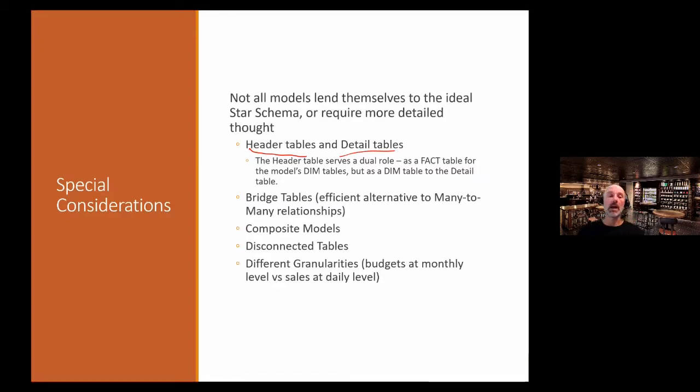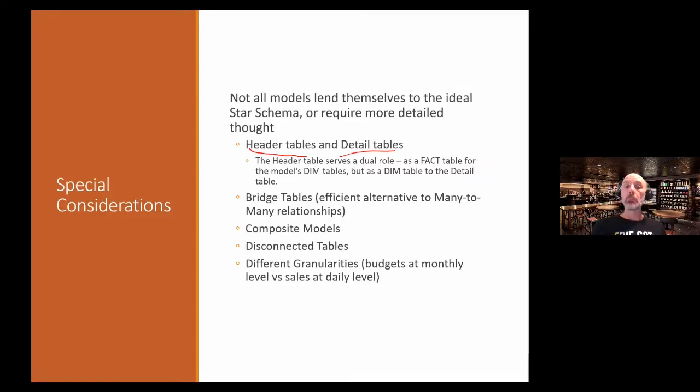The invoice number might be on there 5 times because the customer bought 5 products. What happens here is the header table takes on a dual role. It's a fact table against maybe your date table and your item table, but it's the dimension table for the detail table. So you kind of have this little pigtail hanging off of your detail table. Not ideal, but it does work, and Power BI can handle that just fine. So that is one reason why you might not have a perfect star schema.